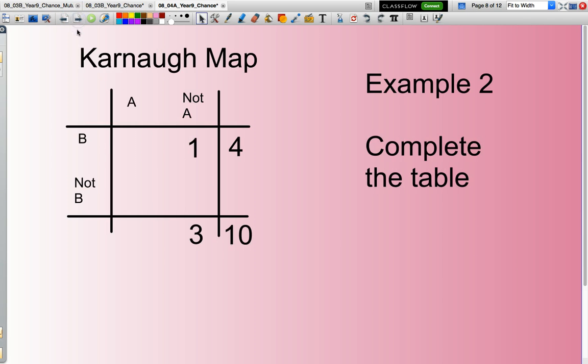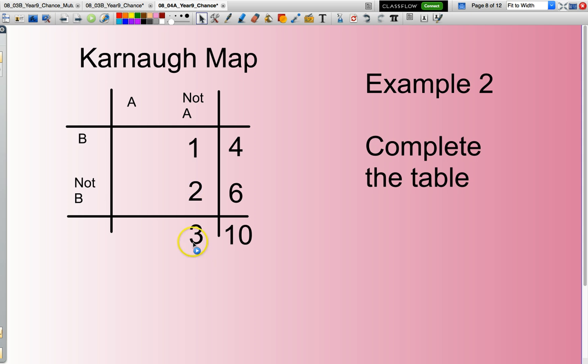The next type of problem you may have to consider is completing this Karnaugh map. Some information's there, some is missing. Now, I can look here and say, well, 4 plus some number has to equal 10. Well, that would be 6. 1 plus some number equals 3.